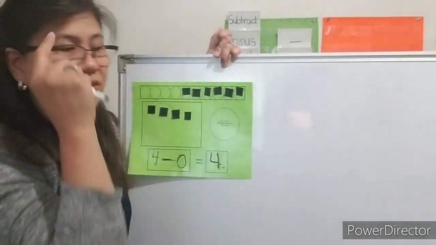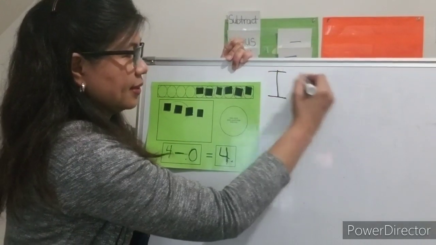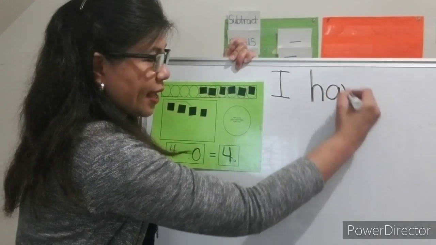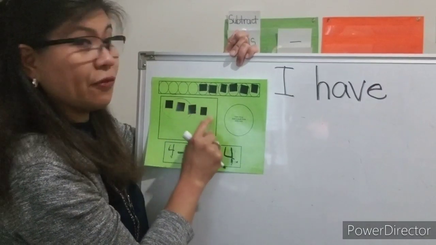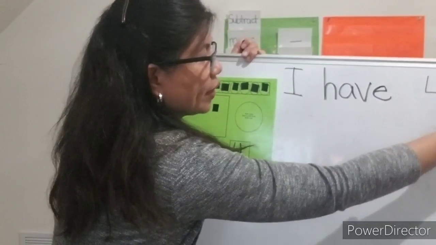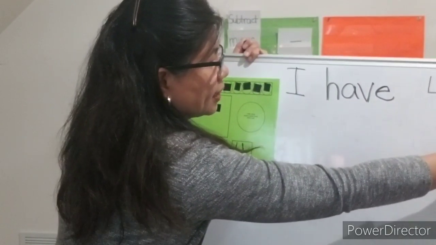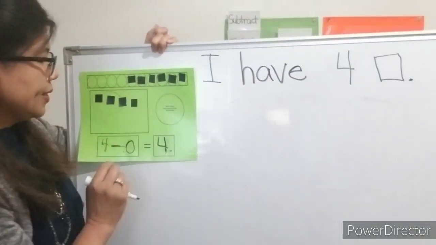How many squares do I have? So let's start with I have, remember the sight word have. I have, how many again? 1, 2, 3, 4. I have 4 squares. You can just draw the square and then put a period. How many squares do I have? 4.